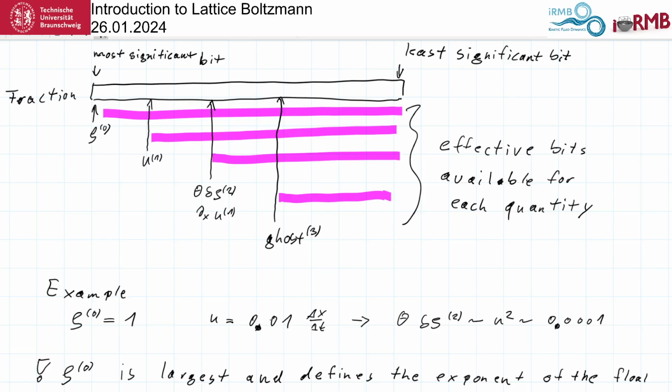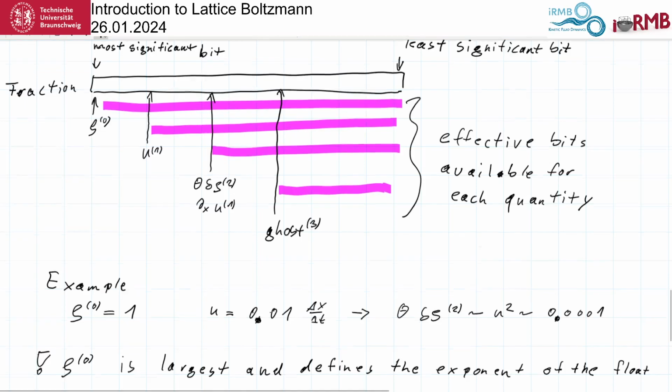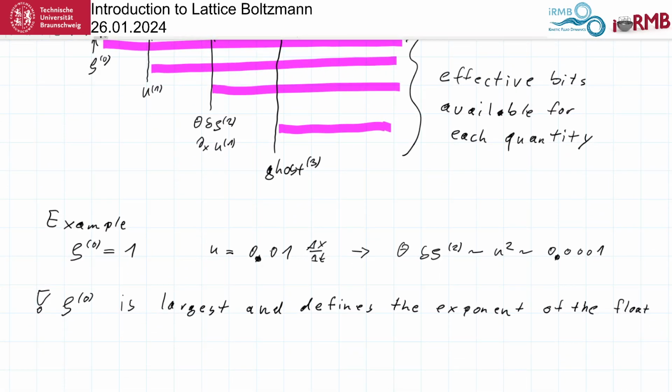Float is a shorthand for floating point number. That means that this rho 0 gets all the 23 bits available for that.